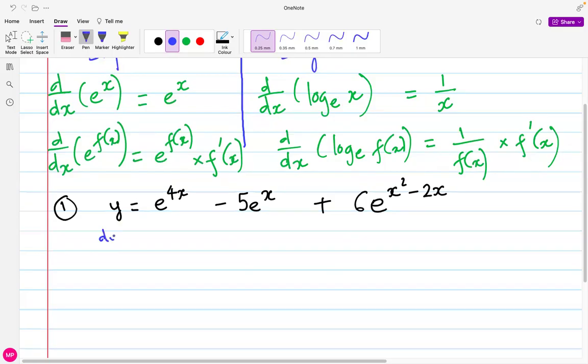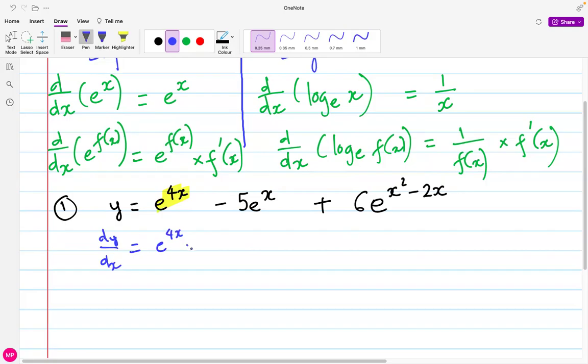Okay, so let's do the first term, the derivative of a to the power of 4x. Basically, this is a to the power of f(x), so think about the formula: it will be a to the power of the same thing, so just a to the power of 4x.